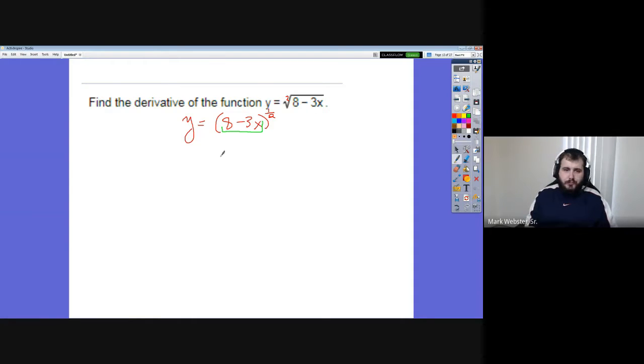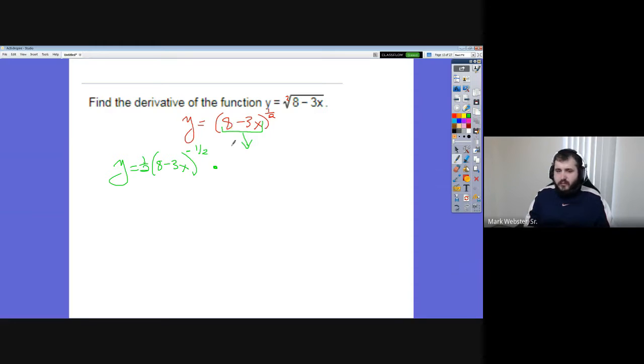So we're going to bring down the 1/2. And then we're going to take this exponent, lower it by 1. 1/2 down 1 is negative 1/2, right? And then we're going to multiply it by the derivative of the inside.